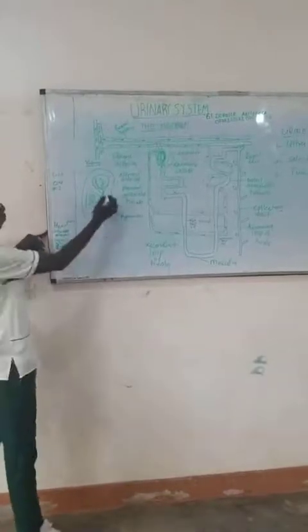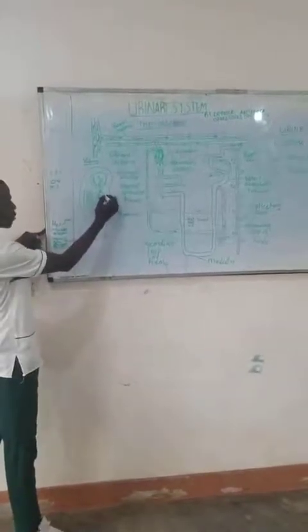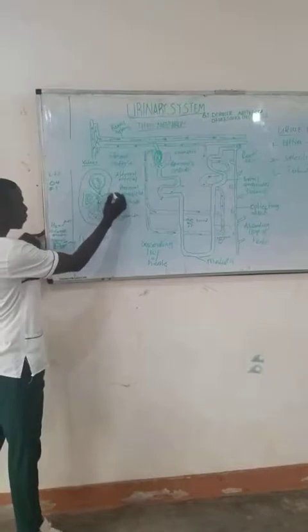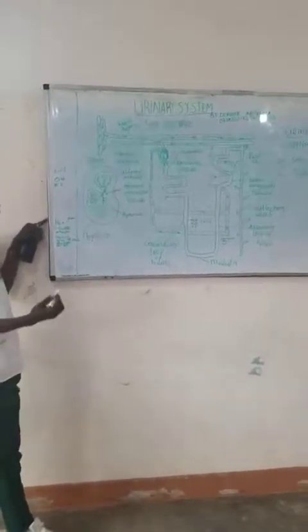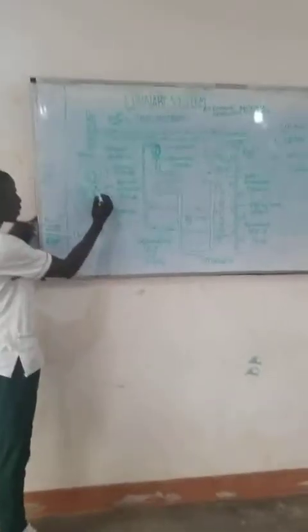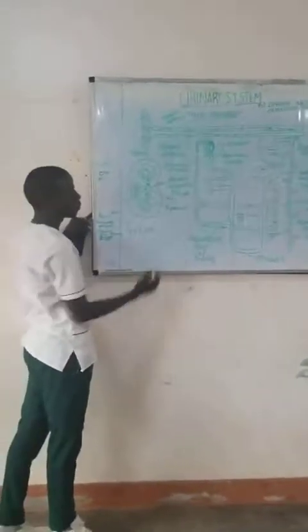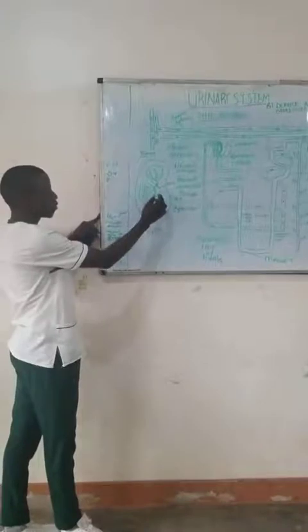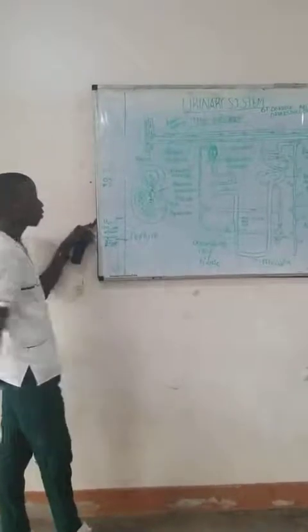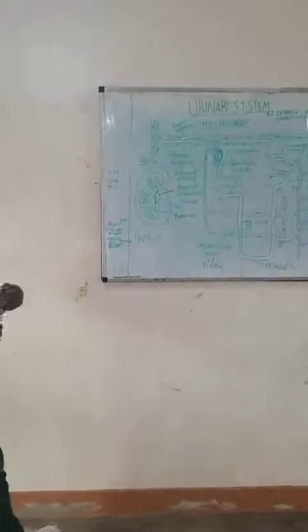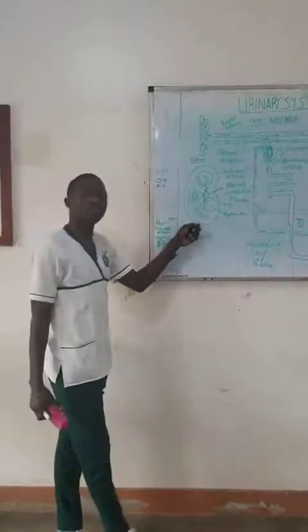When these two minor calyces join together, they form the major calyce. After the major calyce, we form the renal pelvis. It is this renal pelvis which will be drained by the ureter. Meaning, urine is formed inside the kidney.